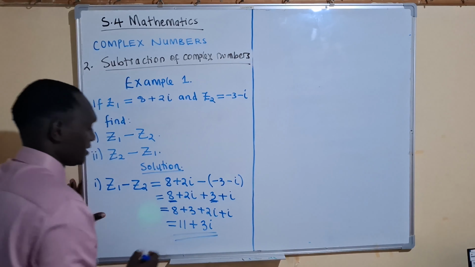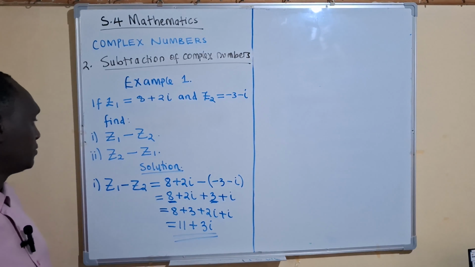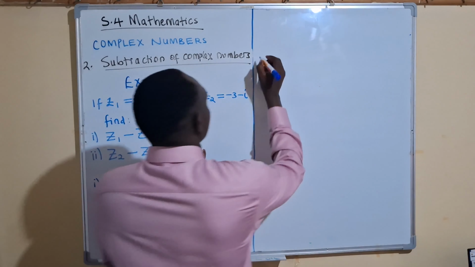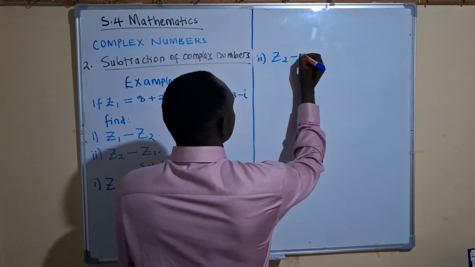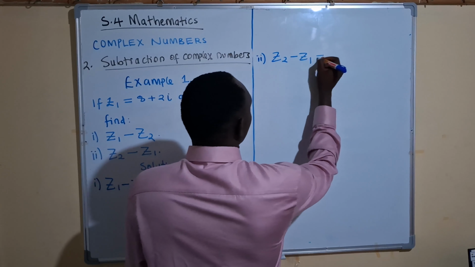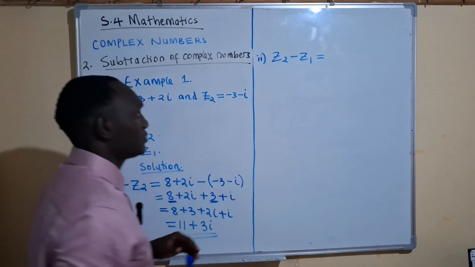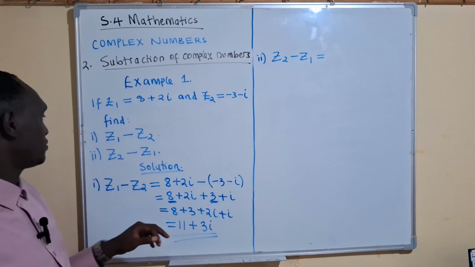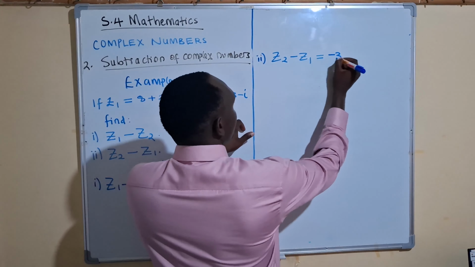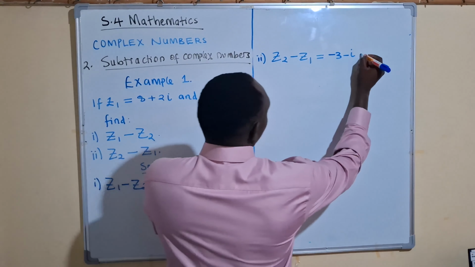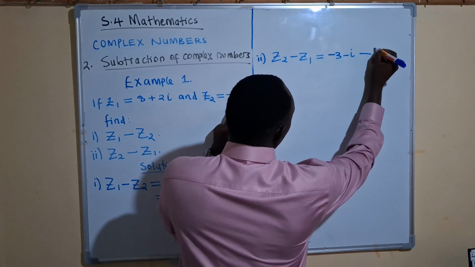This is the subtraction. And going to the second part, Roman 2, that is z2 minus z1. So we are going to substitute for what is z2. z2 is negative 3 minus i, but we are subtracting away z1.